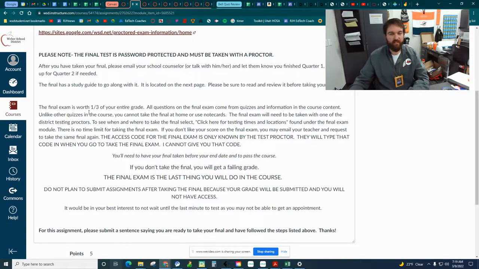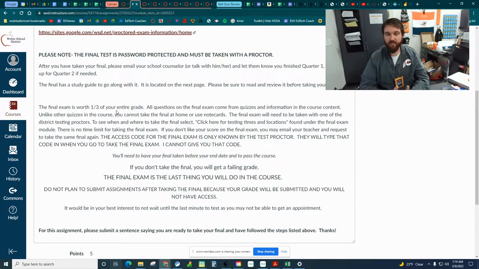The final exam is worth a third of your entire grade. So if you got 100% on everything else, you could only max out at 66% in this class if you did not take the final exam.